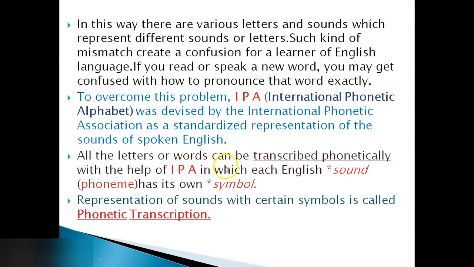So all the letters or words can be transcribed phonetically with the help of IPA, in which each English sound or phoneme has its own symbol. So when we transcribe any word phonetically, we write the symbols for the sounds.